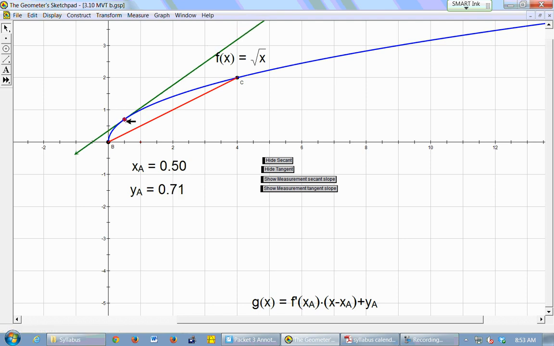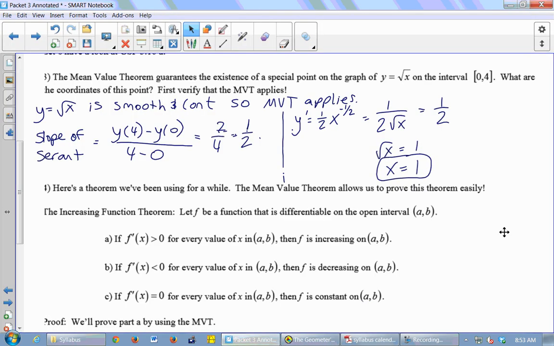And that should happen at x equals 1. Yeah. So right about here, the green line looks parallel to the red line. That happens at x equals 1, which is what we solved for algebraically. Make sense?